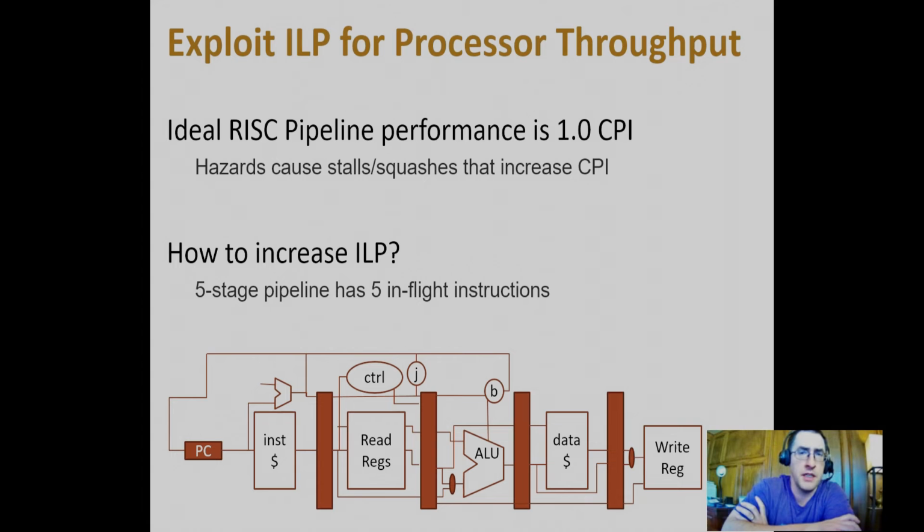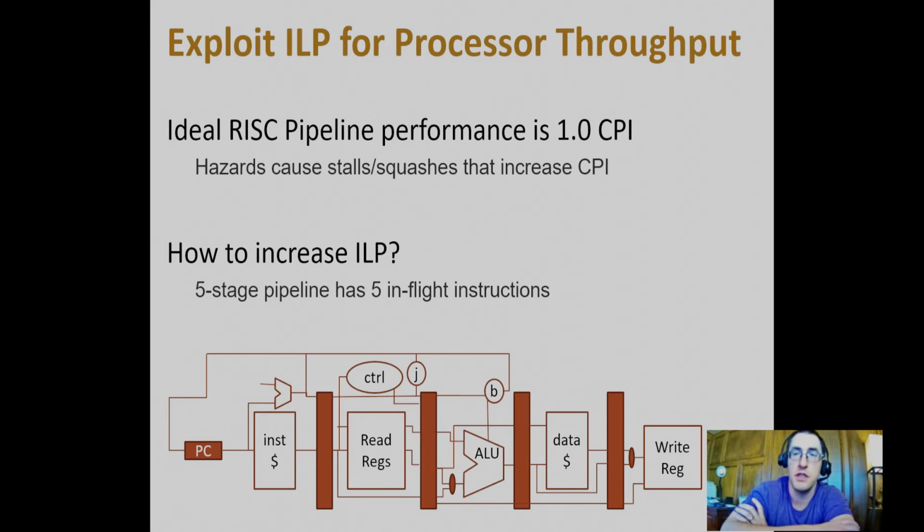Decode stage consisting of reading the register operands and determining the control signals for this instruction and doing the jump. Of course, we've also talked in the past about doing the branch in the decode stage. Here I've got the branch in the execute stage, the mem stage, so the data cache accesses, the write back stage, which is writing to the register file.